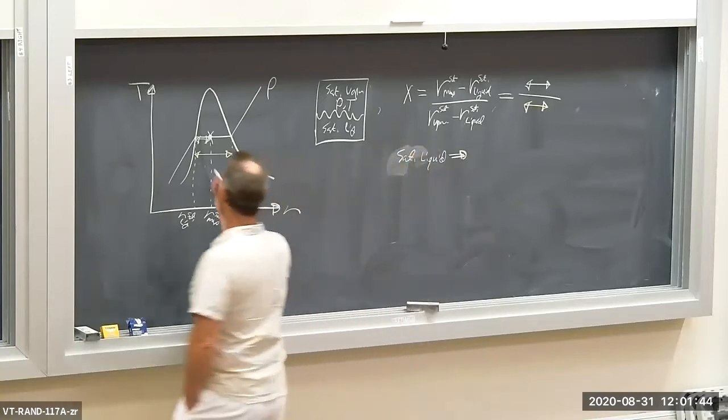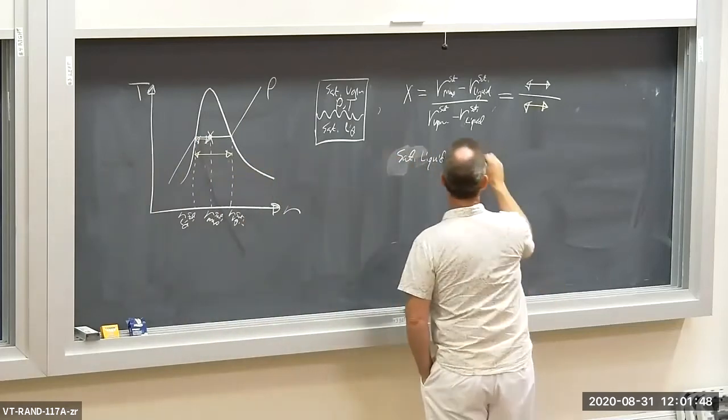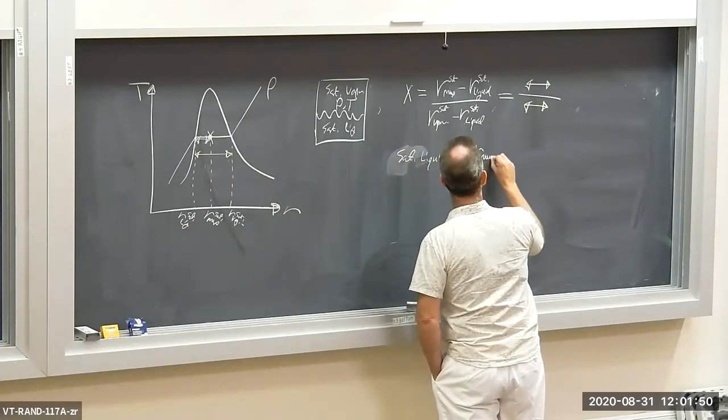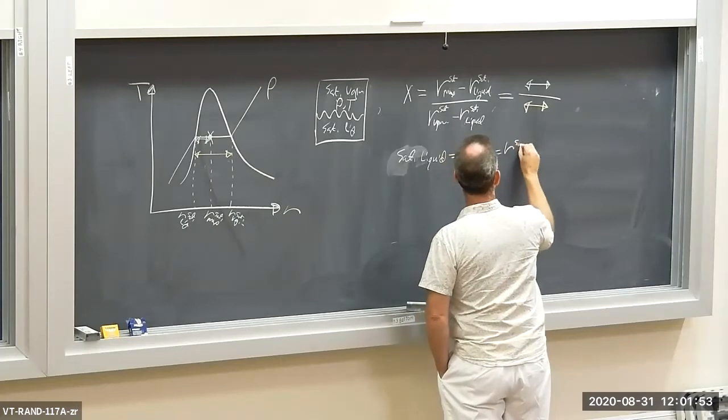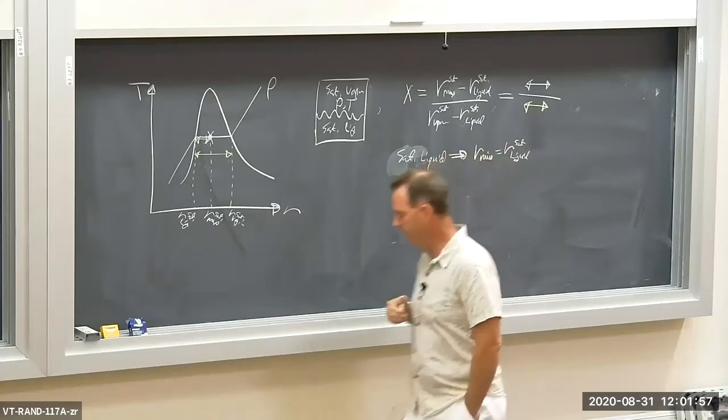If we have a saturated liquid, that means we're over here on the left side of the dome. That means v mix is equal to v sat liquid. We're all liquid.